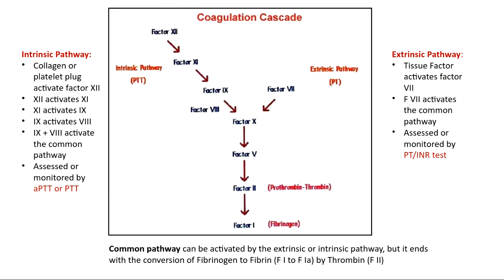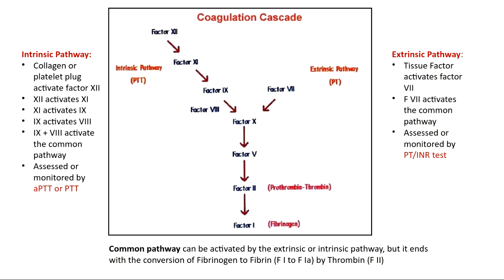So the intrinsic pathway will be 12, 11, 9 plus 8 together will activate 10. 10 will activate 5, 5 will activate 2, 2 will activate 1, and 1 becomes fibrin from its inactive form. So that's the intrinsic pathway up until you get to 10. Then it's common.